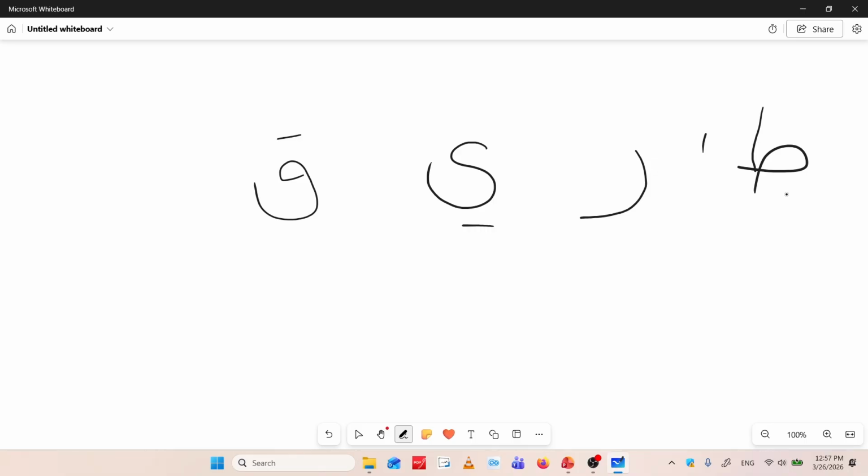So let's work on it together. So we have ta, which is a two-way connector. We have the ra, which is a one-way connector. Ya is a two-way connector. And qaf is a two-way connector. And this is how we're going to write it. So we have ta, the initial ta. Then it's going to be connected with.